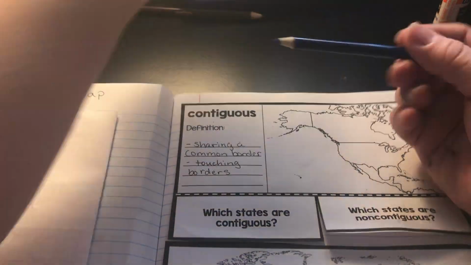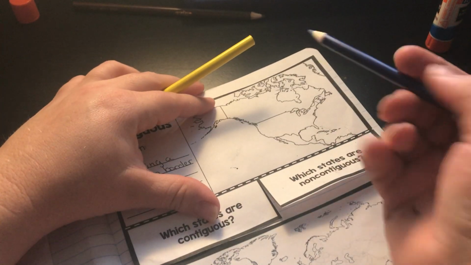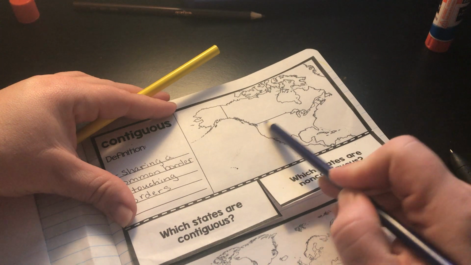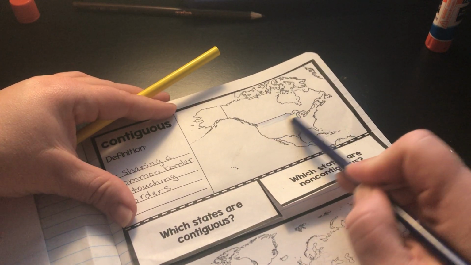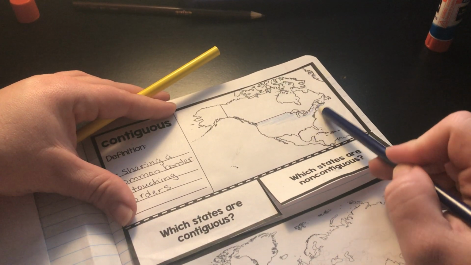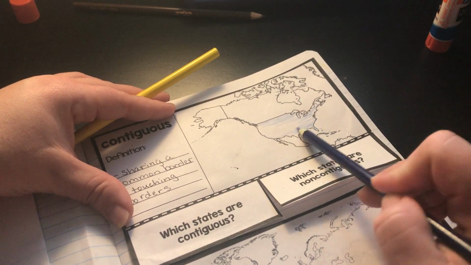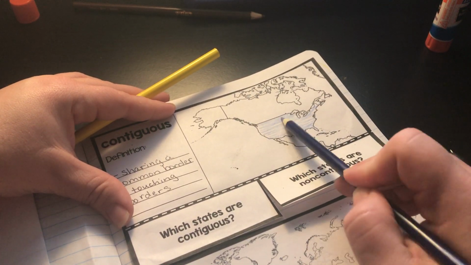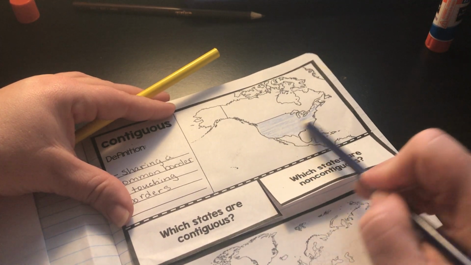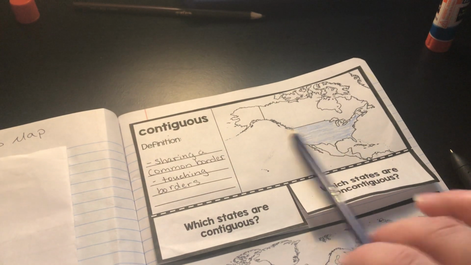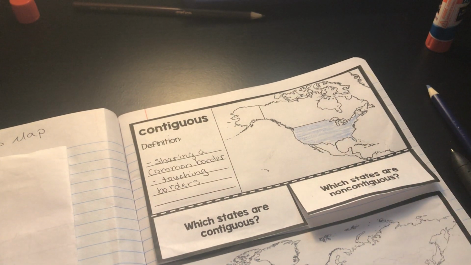Okay, so I need 2 colors, and I'm going to use blue. So all of the states that are in the United States are not contiguous. The ones who are in the major or main part of the United States here would be considered contiguous.